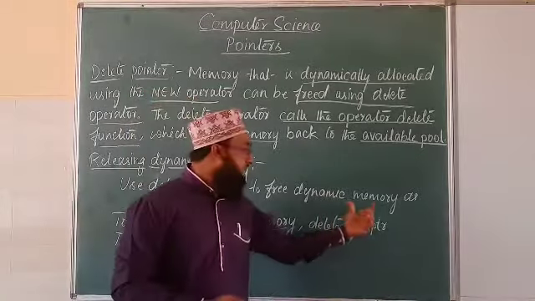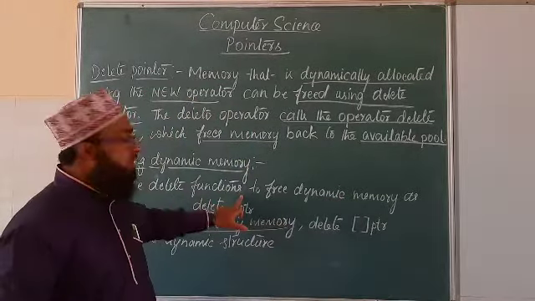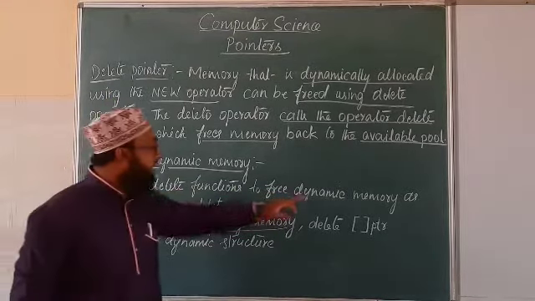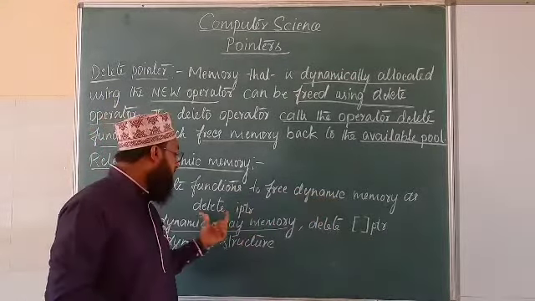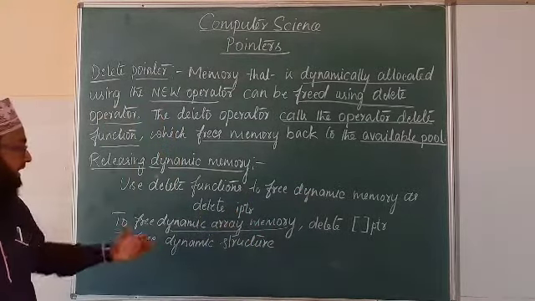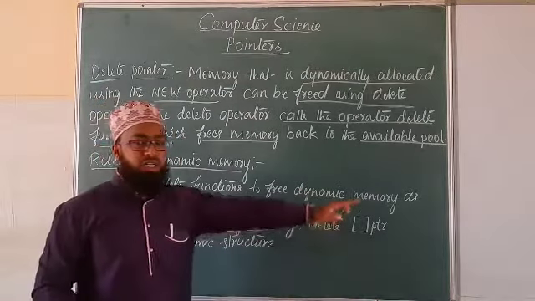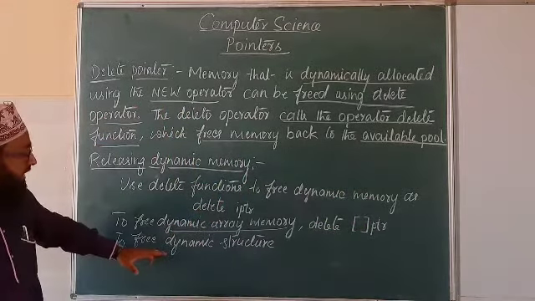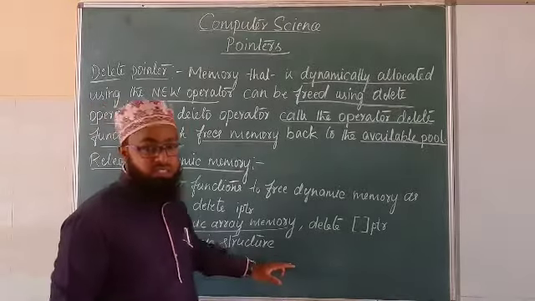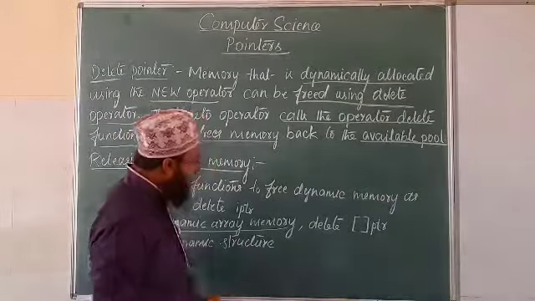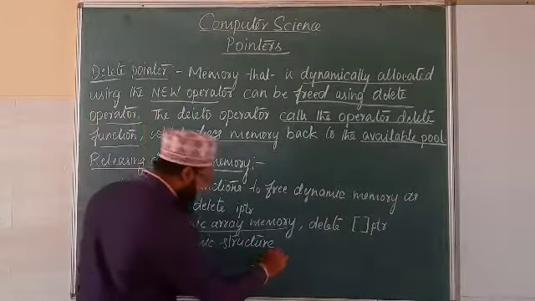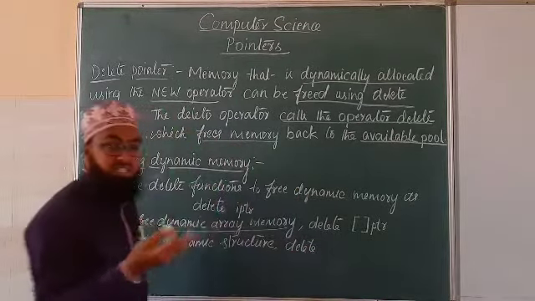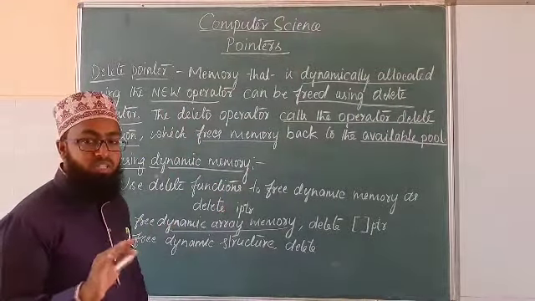As we used syntax for freeing dynamic memory, that is delete iptr, and for deleting dynamic array memory, delete, array brackets, pointer. Now, to free a dynamic structure, the syntax is delete, then the structure name, not the keyword struct.